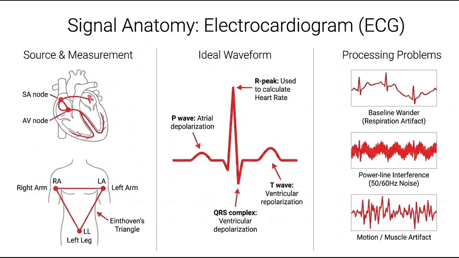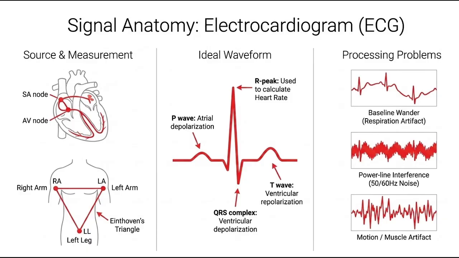Then we come to the power line interference. It is one of the most disrupting factors of ECG. Why? Because, for example, in India we have a 50 Hz power supply. Now, if there is a fluctuation in the power supply, then there will be continuous generation of electrical waves. As the electrical waves are continuously generated, small signals become equivalent to large signals.